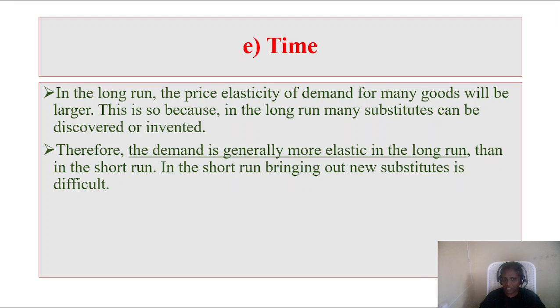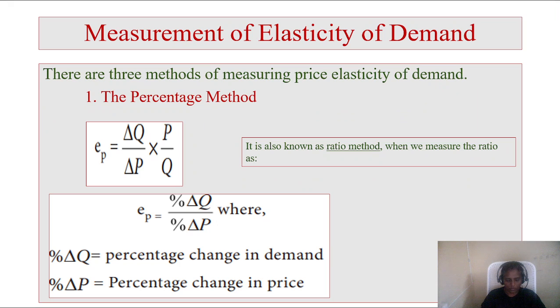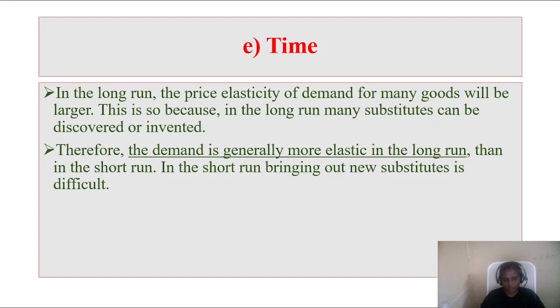So this determinant is helpful for the producer or the seller to forecast the price and demand for the commodity. These are all the various determinants which determine the elasticity of demand, whether the price elasticity is elastic or inelastic, or remains constant.